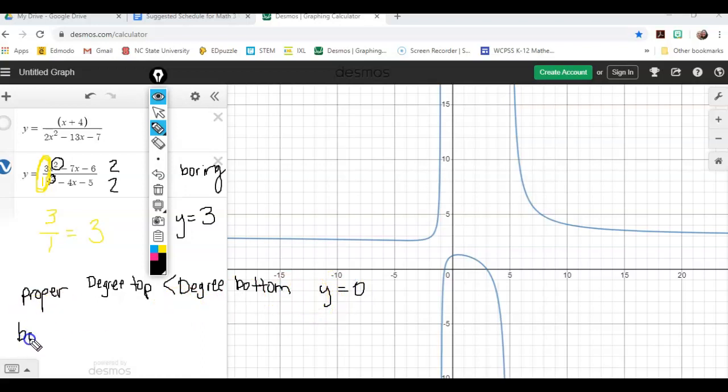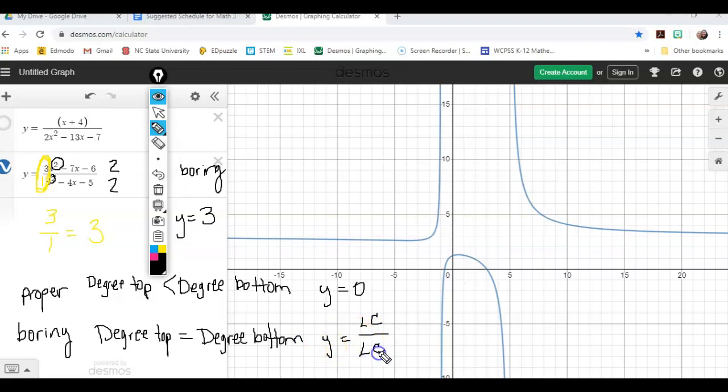If you have the boring fraction, where the degree on the top is equal to the degree on the bottom, then you're going to have a horizontal asymptote at y equals the leading coefficient divided by the leading coefficient.